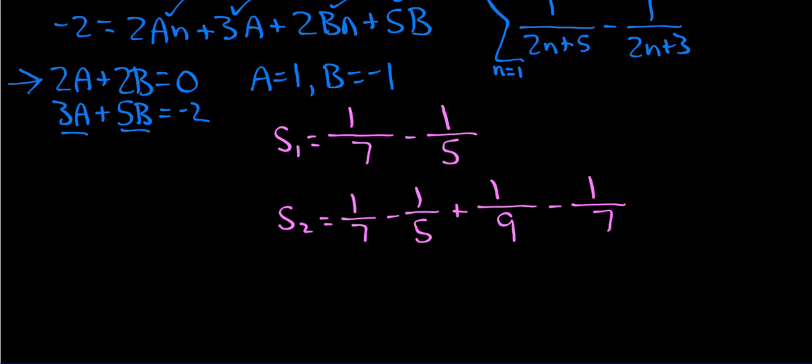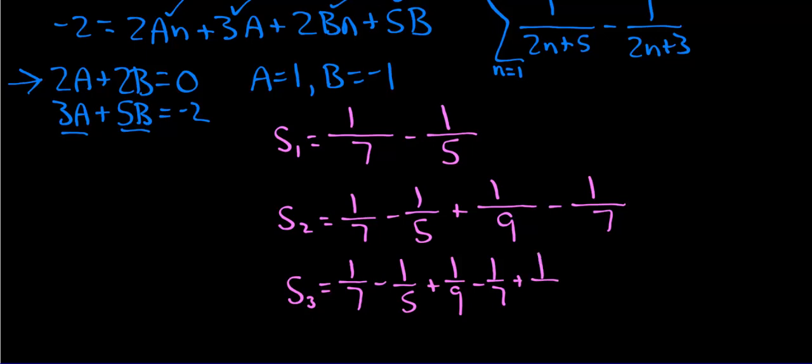Let's generate some more terms. You can see this 1/7 and that negative 1/7 on the end look like they're going to cancel. For the third one, we get 1/7 minus 1/5 plus 1/9 minus 1/7, plus 1 over 11 (6 plus 5) minus 1 over 9 (6 plus 3).